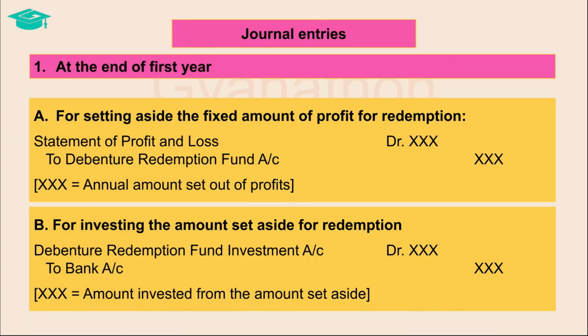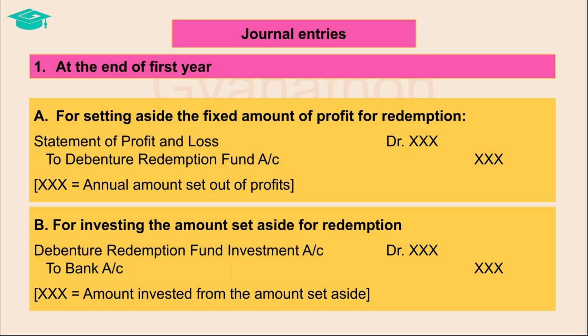In the first year, the transactions that take place are firstly, the ascertained amount of profits is set aside towards redemption of debentures. And secondly, the amount so set aside is invested. For setting aside an ascertained amount of profit, the amount has to be taken out of the profit and loss account.